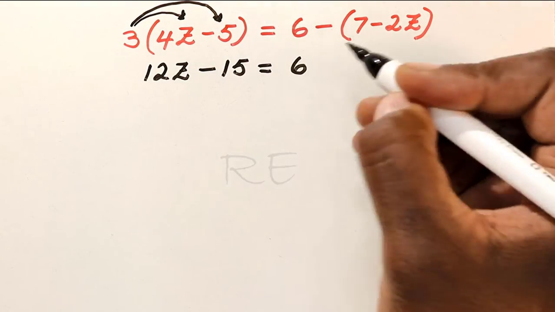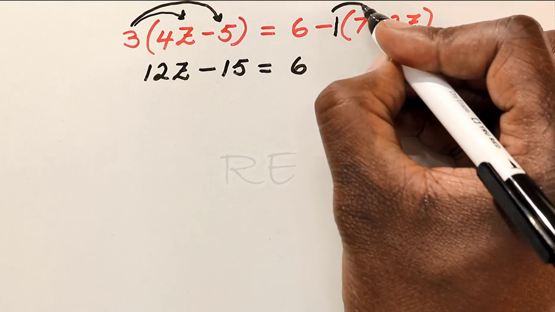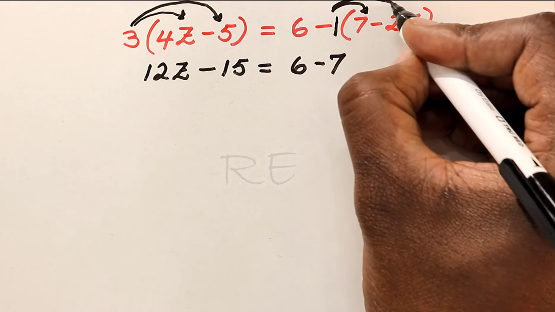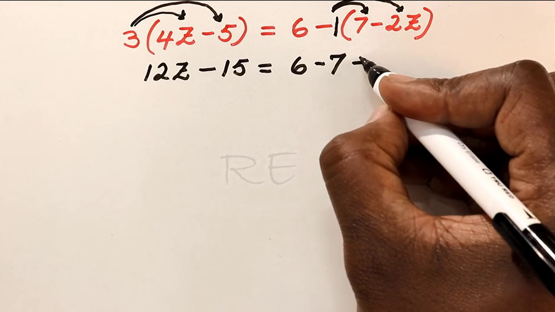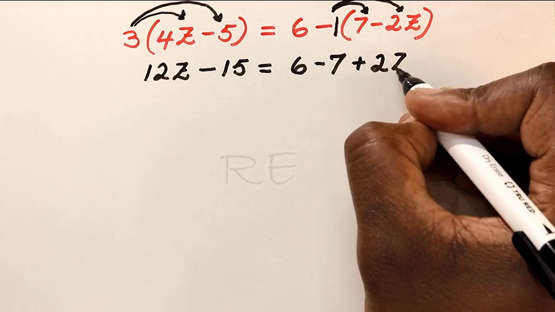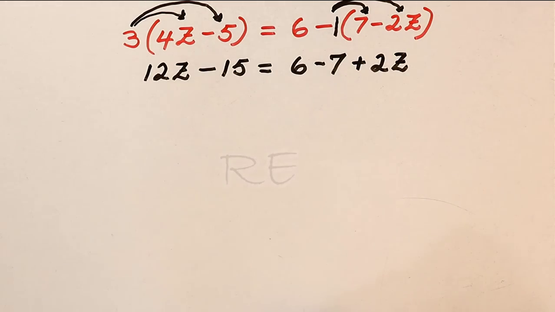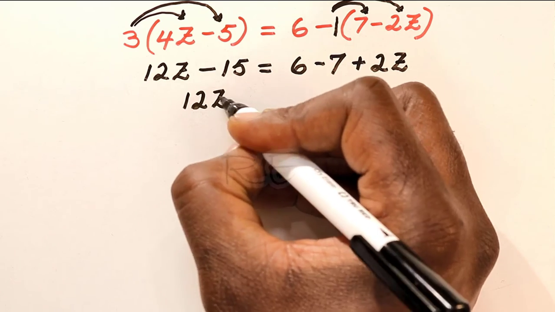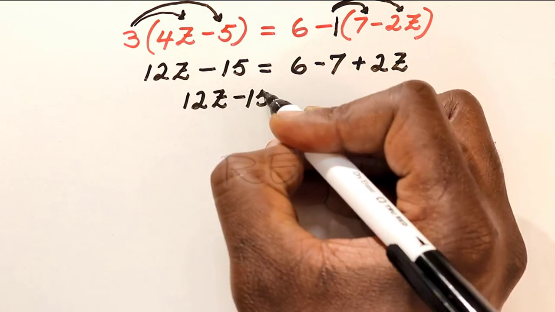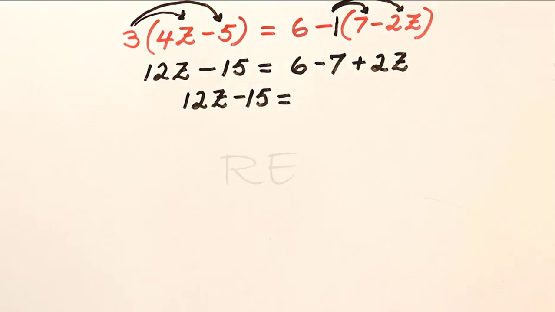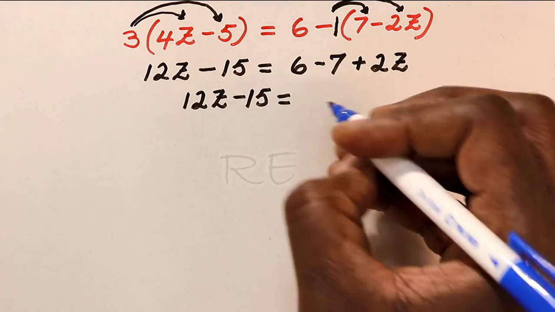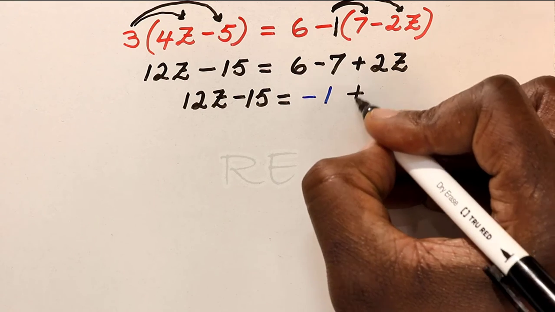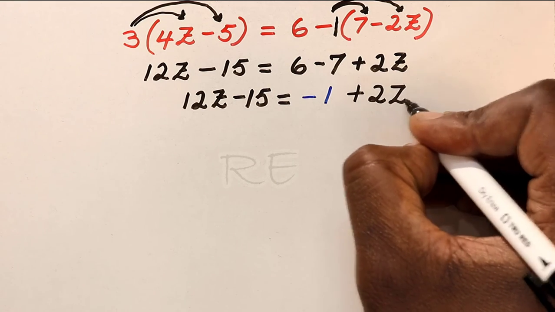We keep 6, and if we write a negative 1 to distribute the negative sign, negative 1 times 7, negative 7. Negative 1 times negative 2z, positive 2z. 12z minus 15 is equal to 6 minus 7 will be negative 1 plus 2z.